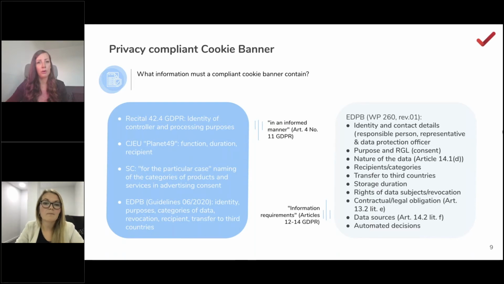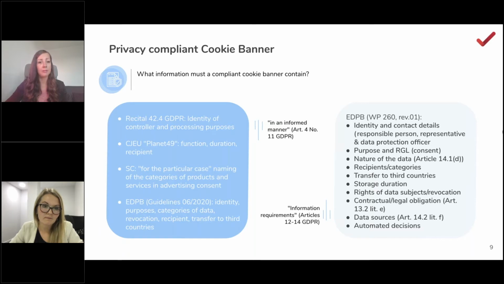You don't have to go 100% into detail, but you can name marketing purposes, for example, or statistics. Then from the CJEU decision Planet49, you also have to name the function, the duration, so how long the cookie lasts on the server, and the recipients, which is pretty tricky. So do you share the information from the cookie with third parties?